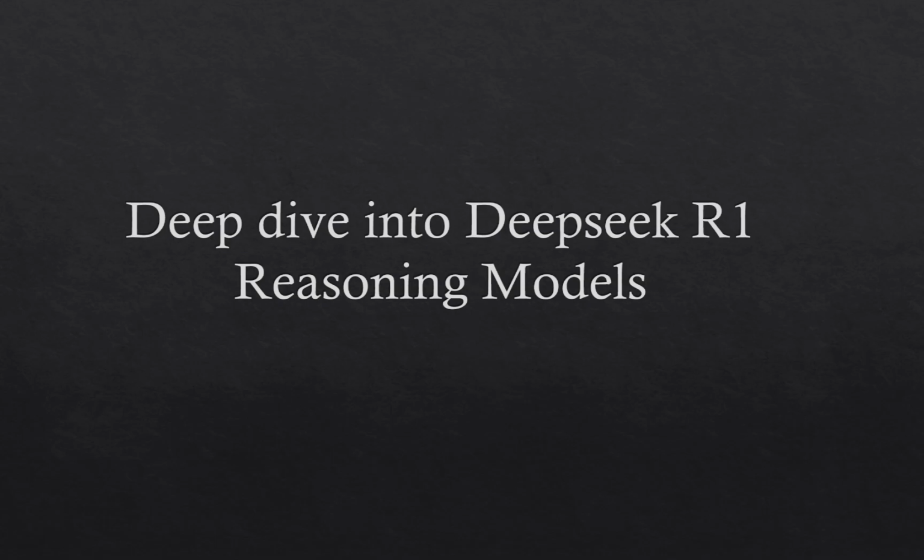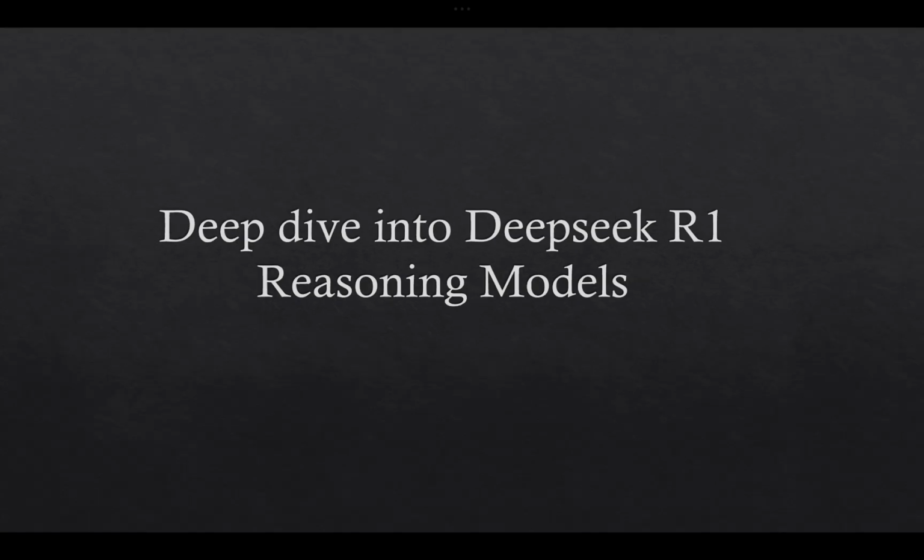At first we will talk about what reasoning models are. Then we will talk about the LLM training process, as a recap. Then we will also do a recap of reinforcement learning and how it fits into LLM training, and slowly we will move into the series of DeepSeek R1 models.